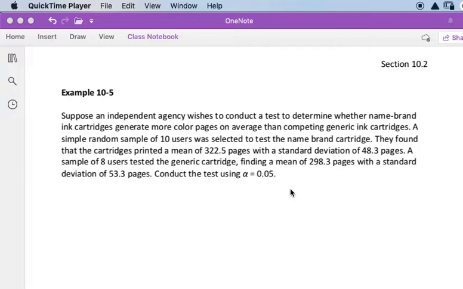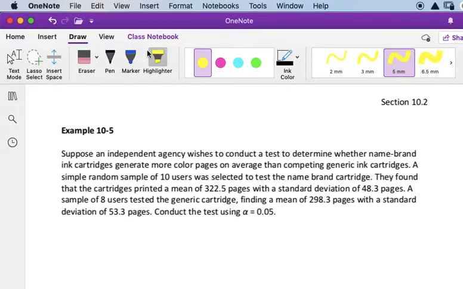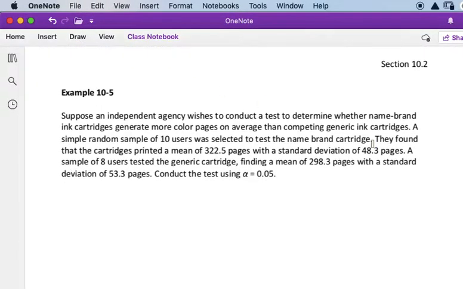First, we're going to write our hypotheses, and to do that we're going to look at the claim that is given to us in the question, or what they're testing. What they want to know is whether the name brand cartridge generates more color pages, and that "more" is the key idea here.